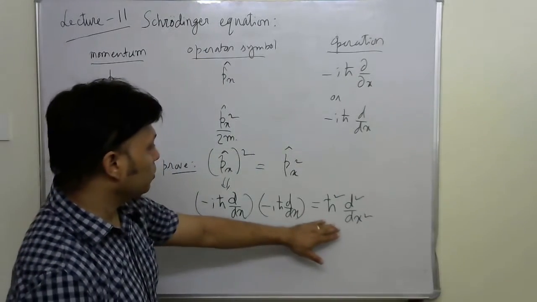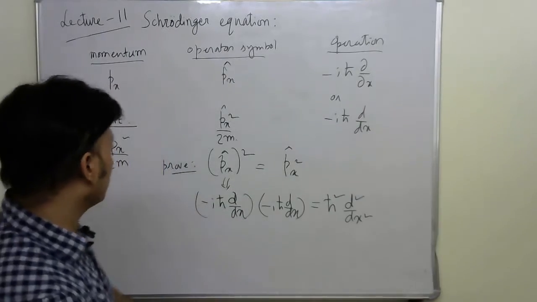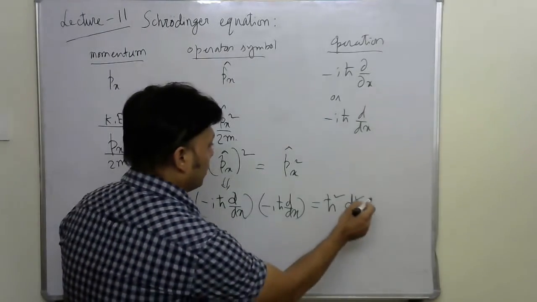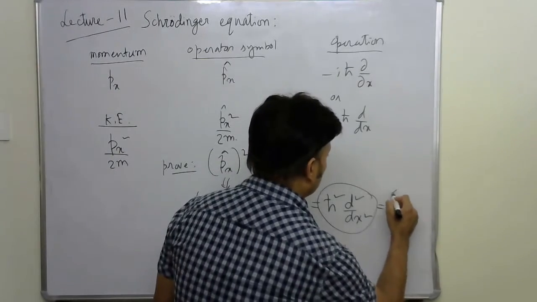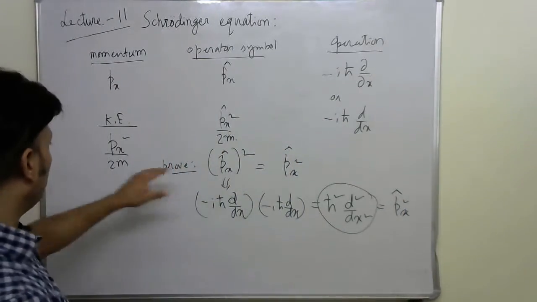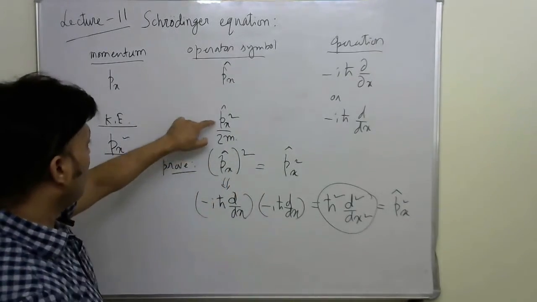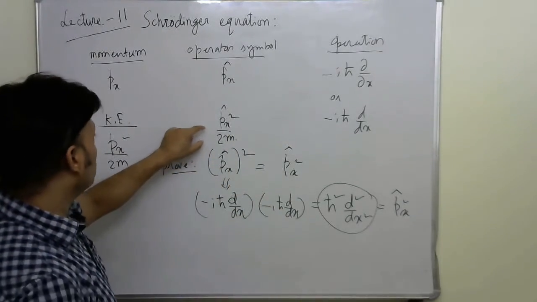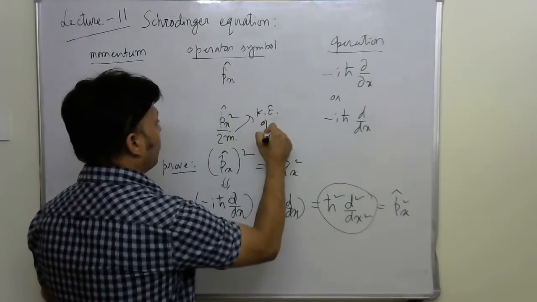So for d2/dx2, you can remember h cross squared d2/dx2. Here, this is the value of basically px squared. If we just divide it by 2m, we get back the kinetic energy operator.